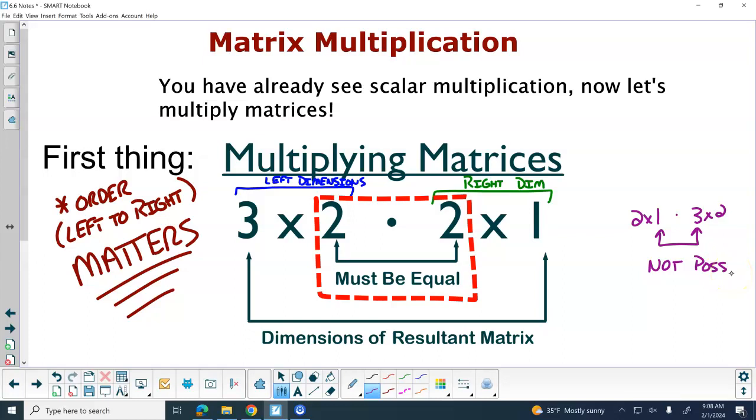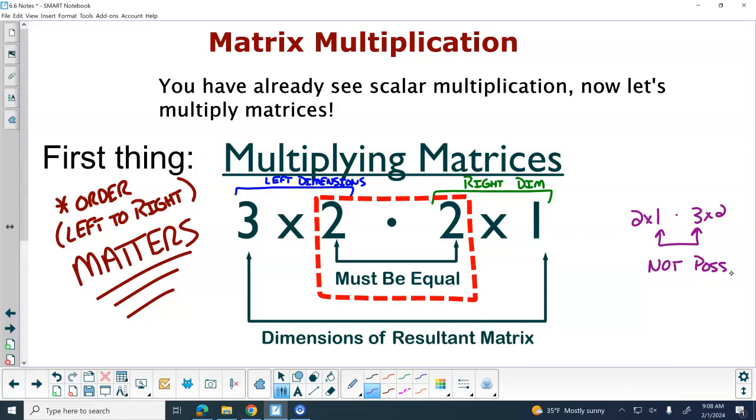It has to be that way. So your order matters when you're multiplying, because matrix A times matrix B might work, might get a resulting matrix, but matrix B times matrix A might not work.